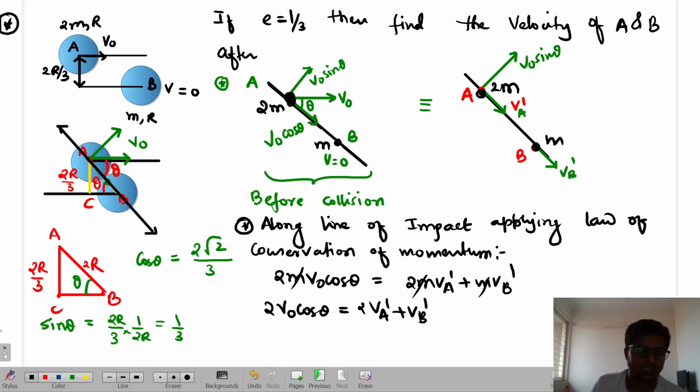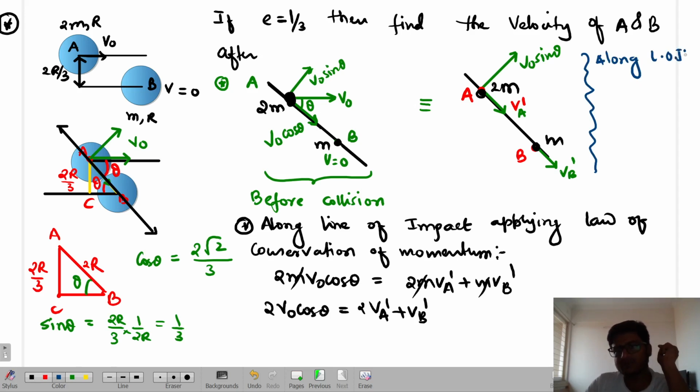Also, along the line of impact only, I can apply the coefficient of restitution. Along the LOI, e is equal to the velocity of separation, that is VB dash minus VA dash, divided by V naught cos theta.